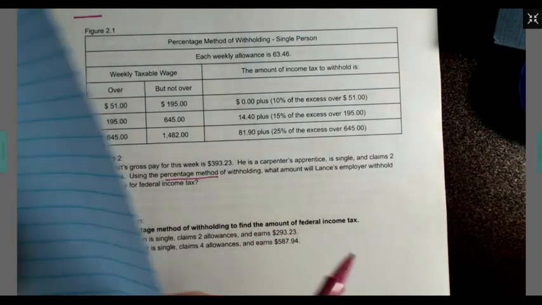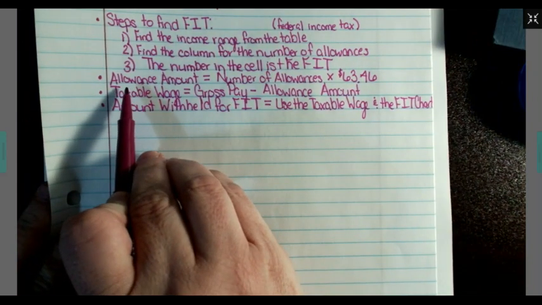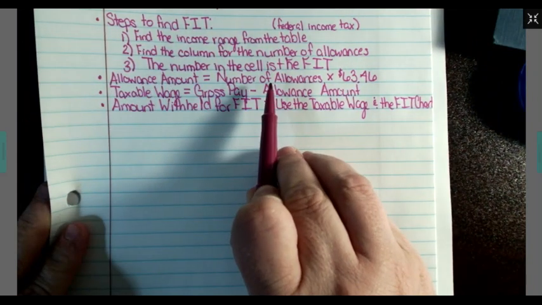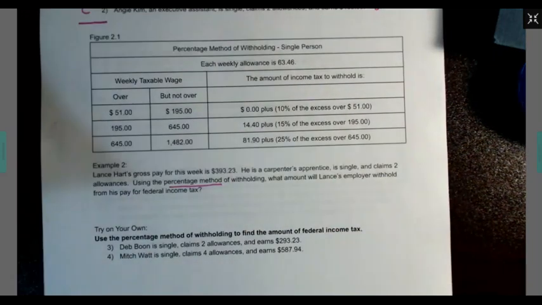The first thing we're going to do is find our allowance amount, which is the number of allowances times $63.46.